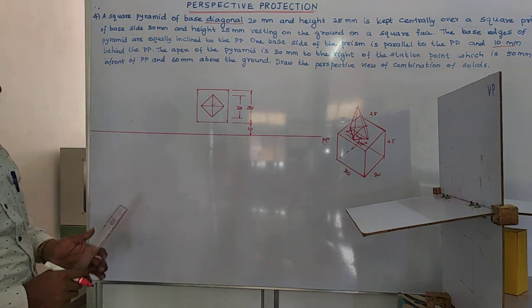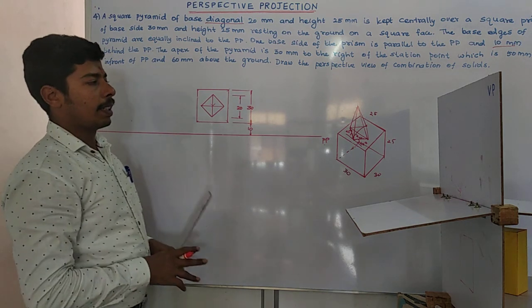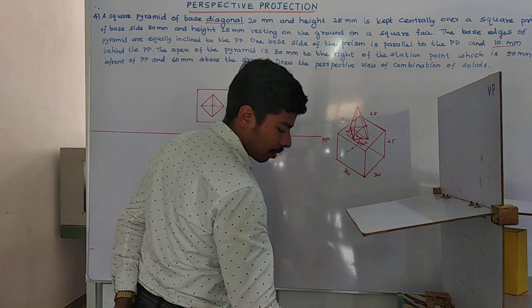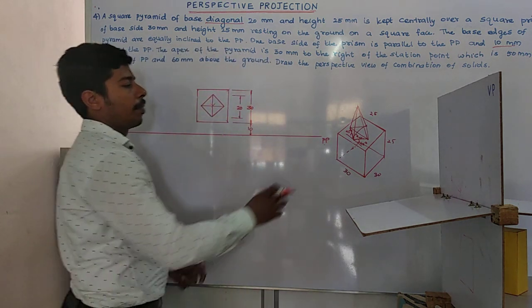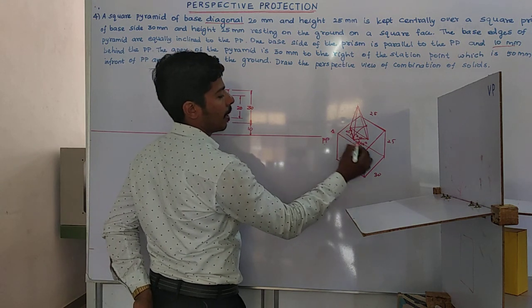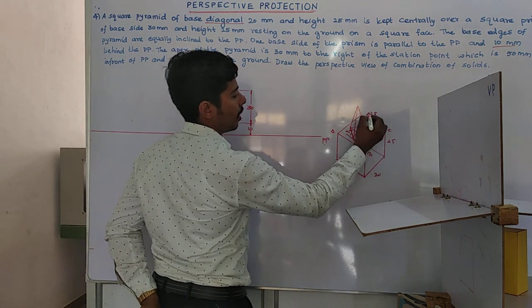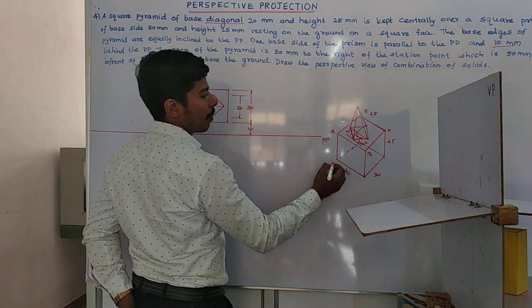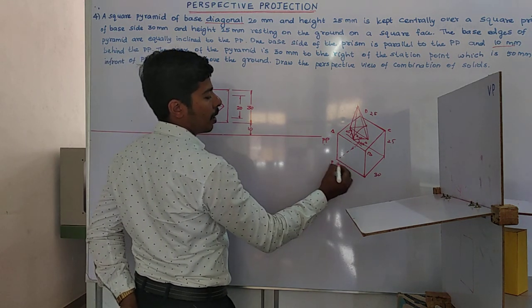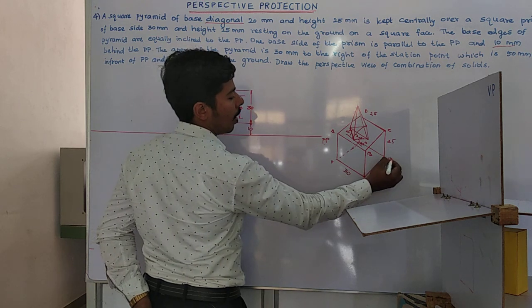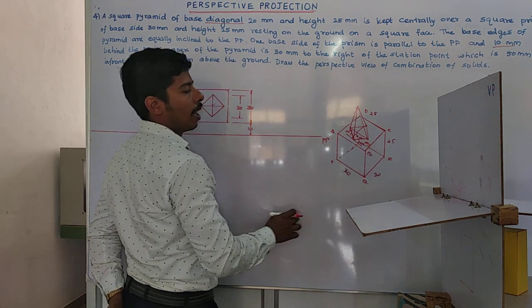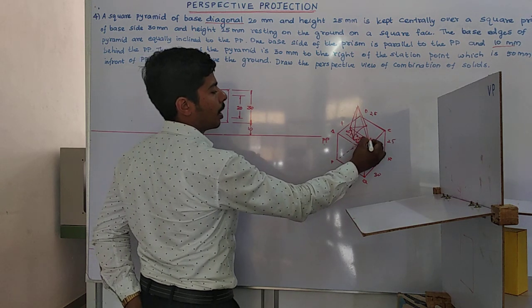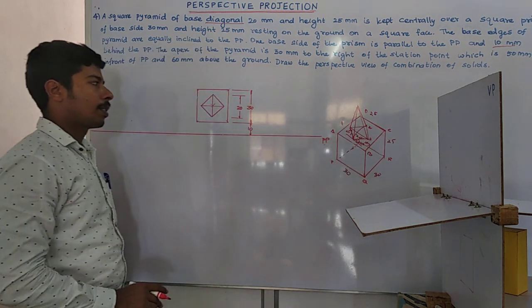How to mark the names of the sides? We shall mark the top corner points as A, B, C and D, then the bottom corner points as P, Q, R and S, and then these points are 1, 2, 3 and 4.